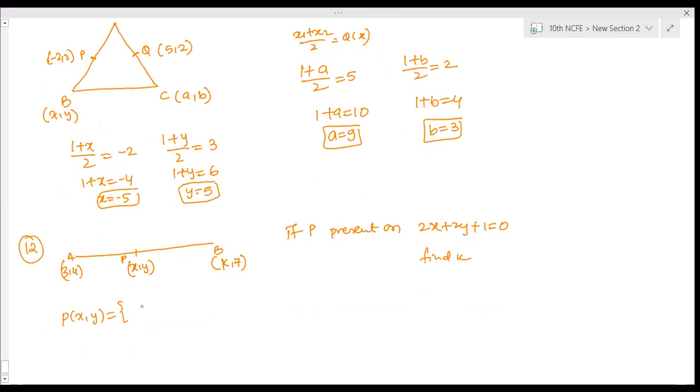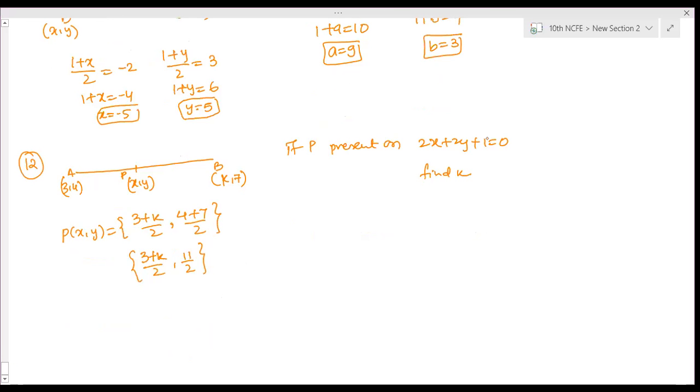P x, y is equal to 3 plus K by 2 and 4 plus 7 by 2. 3 plus K by 2 and 11 by 2. So these are P's coordinates and P is present on that equation. So therefore it should satisfy this equation.